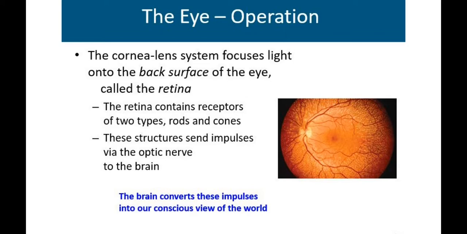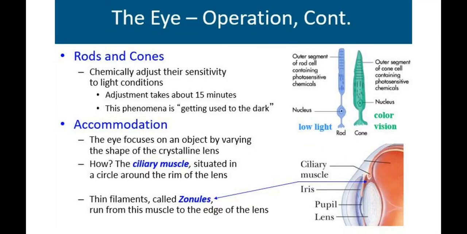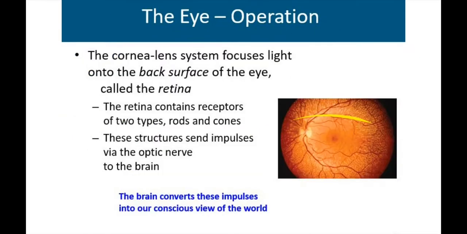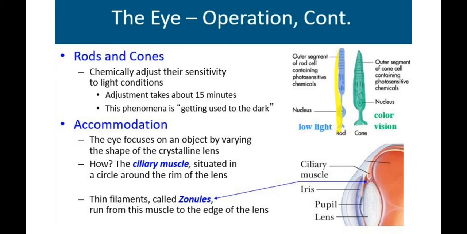The retina contains receptors of two types, rods and cones. These are actually sensors, and they send impulses via the optic nerve to the brain. Here is the structure of these cylinders, rods and cones. This is the rod. This is a cone.